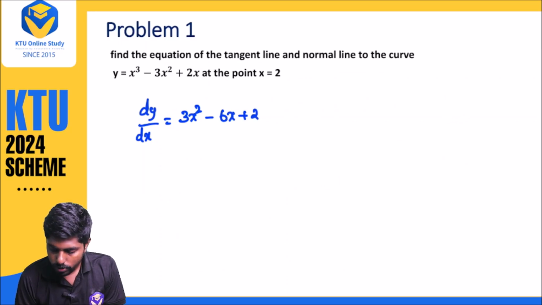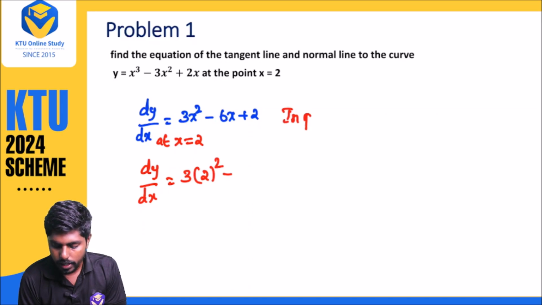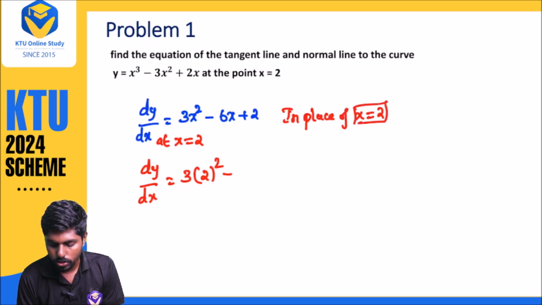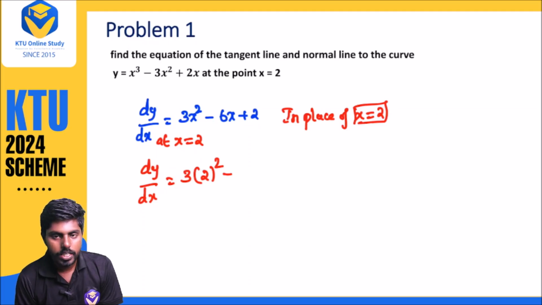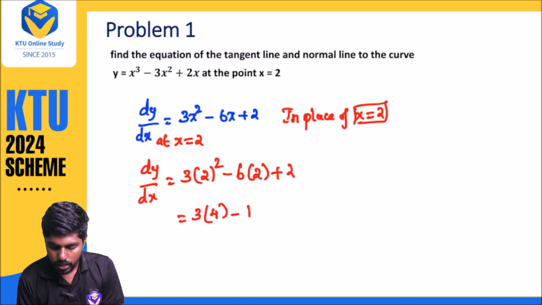At the point given, x is equal to 2, so in place of x we put 2. dy by dx is 3 into 2 the whole square minus 6 into 2 plus 2. 2 square is 4, so 3 into 4 is 12, minus 6 into 2 is 12, plus 2.